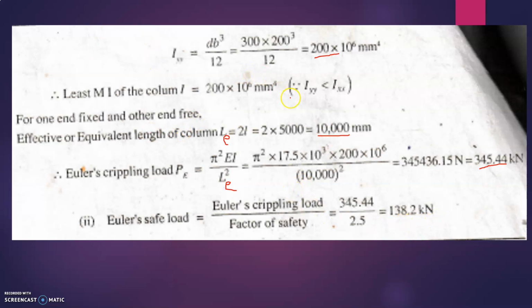Rectangular section area is equal to B into D. Once you get area and moment of inertia, you can calculate K, which is equal to square root of I divided by A. Then you can find Rankine's safe load. I hope you can do that. So you do that. Let us go to the next problem.